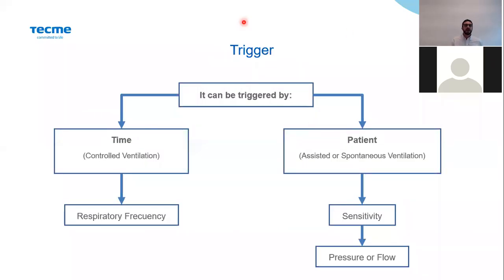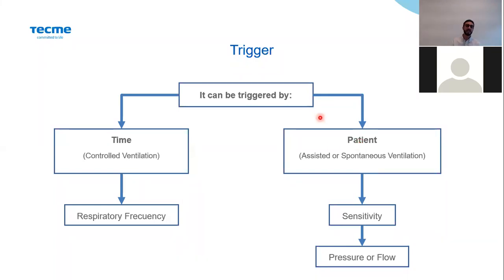So let's talk about the trigger. Remember, the trigger is the moment when the ventilator starts an inspiratory phase. So the ventilator can be triggered by time or by the patient. So using this variable, we can do another classification.